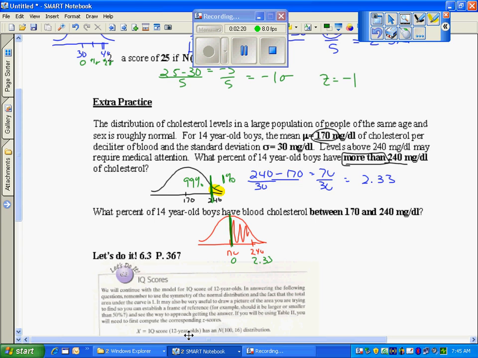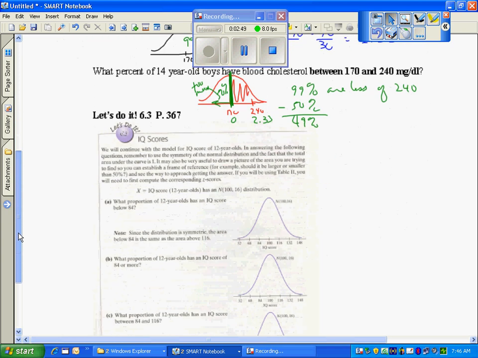I already know that 99% are less, or to the left, of 240, and I also know that 50% are less than 170. So I'm going to subtract those, taking off the extra area, and about 49% fall between 170 and 240.